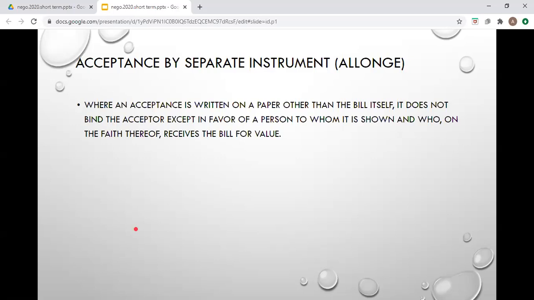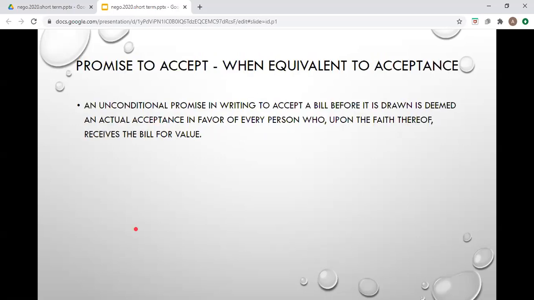But the holder of the instrument has also the corresponding right to demand that the acceptance will be placed on the face of the instrument itself. And if he cannot obtain that, then he can just consider the instrument dishonored by non-acceptance.